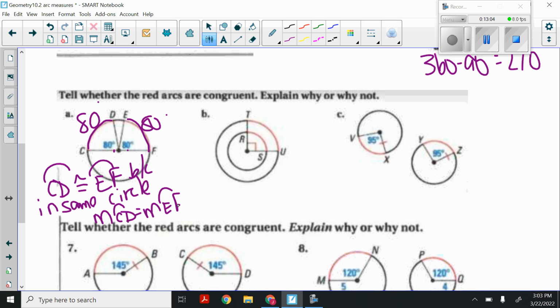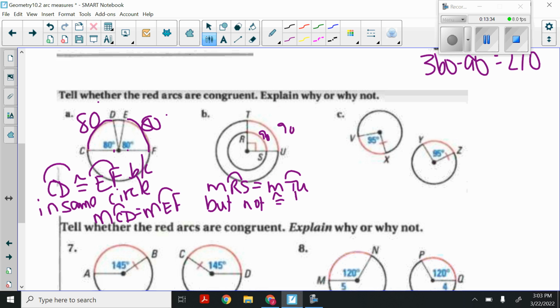So now B, I'm looking at arc SR and arc UT, okay? They are both 90 degrees, right? So I know that the measure of arc RS equals the measure of arc TU, but are they congruent? Okay, but they are not congruent.